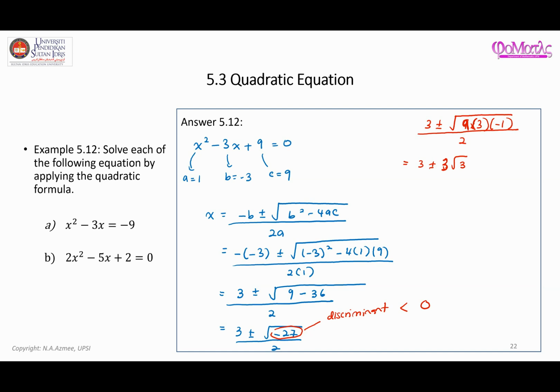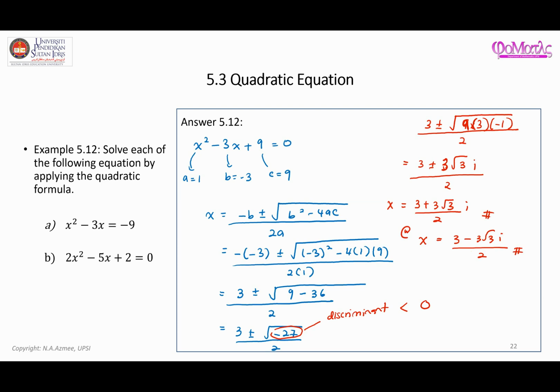Now the square root of negative 1 is i. So you have learned this in chapter 4, complex numbers, over 2. So the solution is x is equal to 3 plus 3 square root 3 i over 2, or x is equal to 3 minus 3 square root 3 i over 2. So these are two solutions, and you can see that they are conjugates of each other.